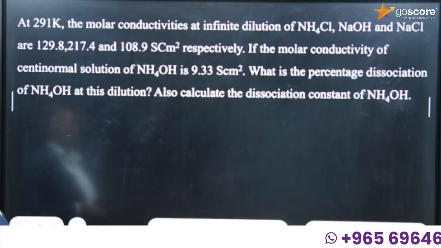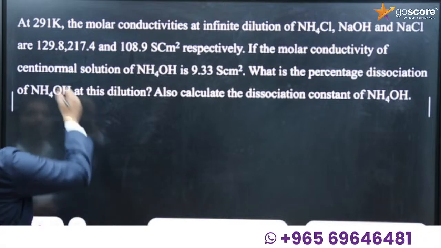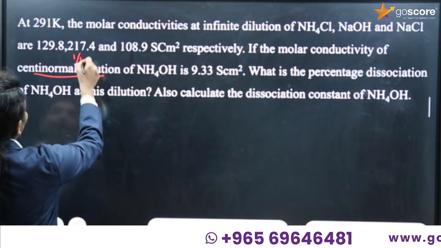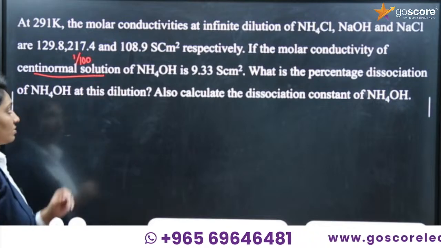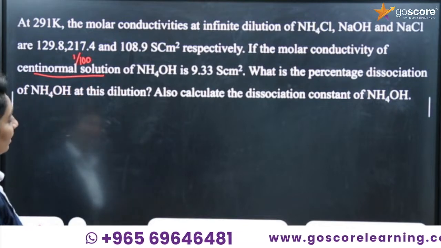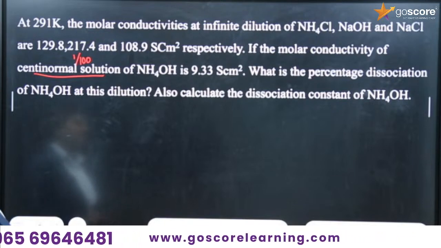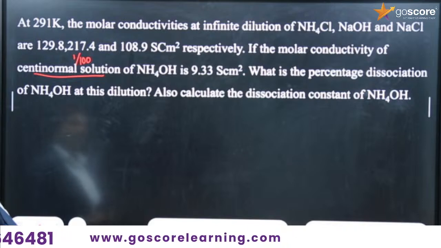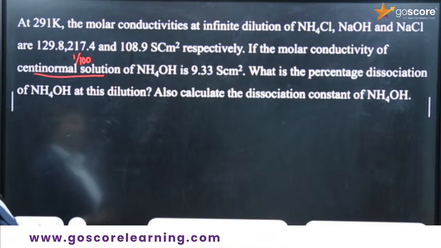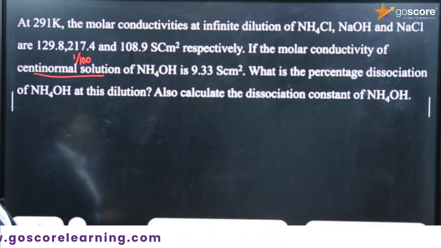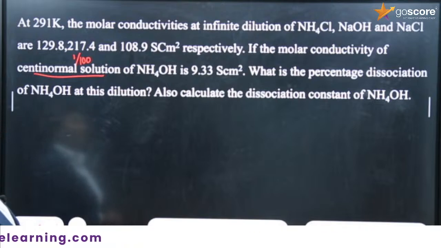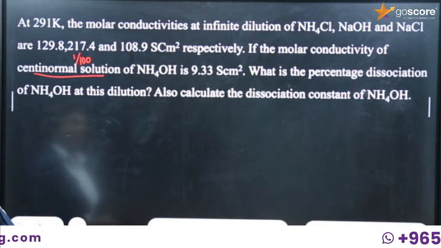If the molar conductivity of a centinormal solution, meaning 1 by 100th of the original concentration, of ammonium hydroxide is 9.33 Siemens centimeter square, what is the percentage dissociation of ammonium hydroxide at this dilution? Also, you want to find out the dissociation constant of ammonium hydroxide.